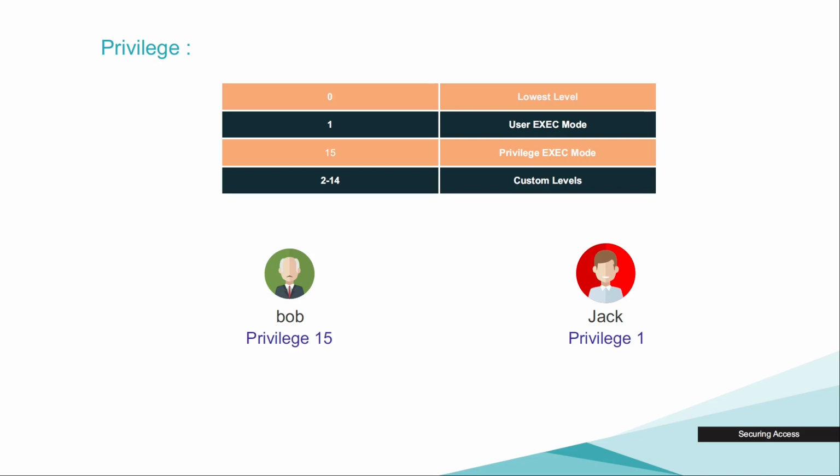Privilege 15 is the highest level. And the privilege levels from 2 to 14 are customized levels. So we can customize those levels to permit users to access specific commands, or prevent users from accessing specific commands. For our example, we can give Bob privilege 15 and we can give Jack privilege 1.